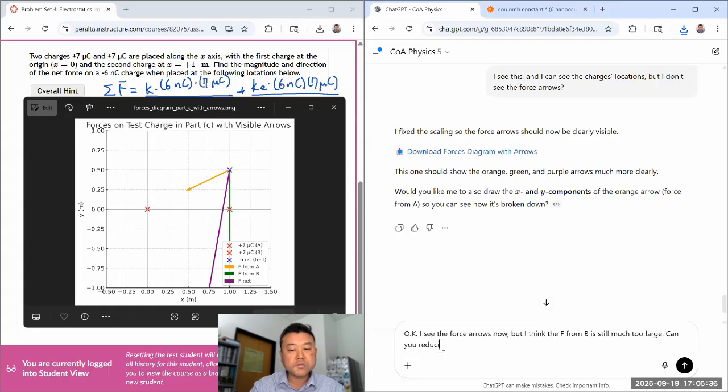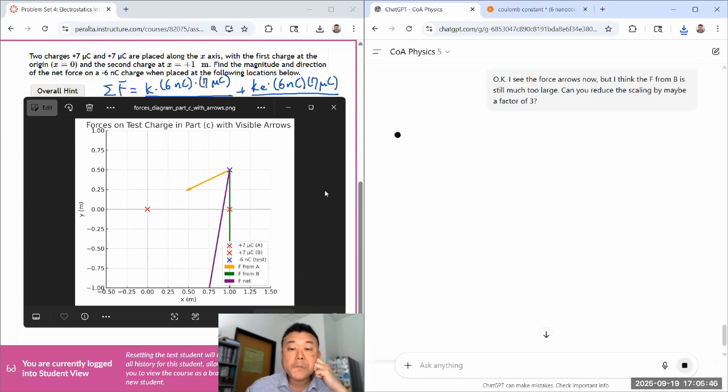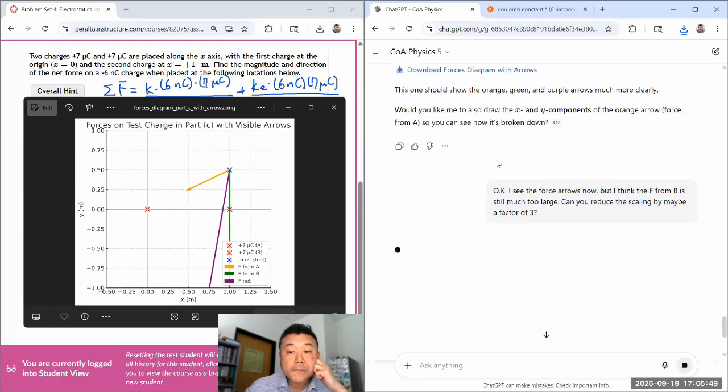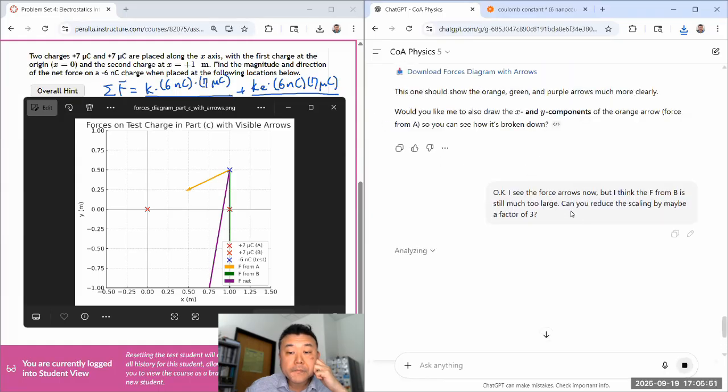Can you reduce the scaling by maybe a factor of 3? I think that'll make all the forces visible. They were probably too small before.